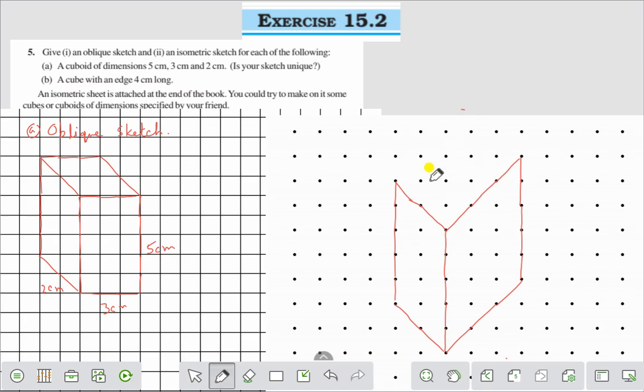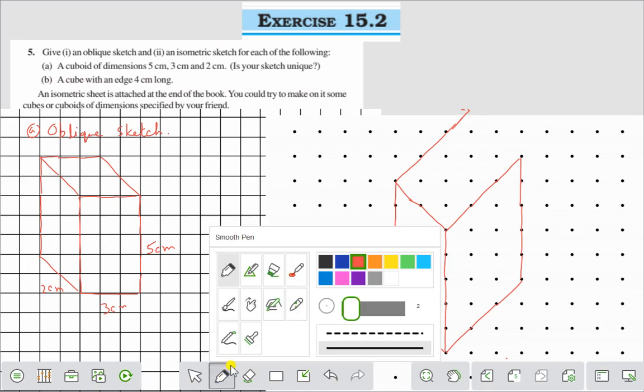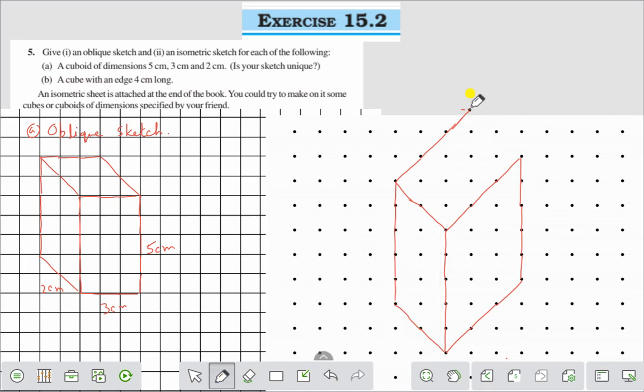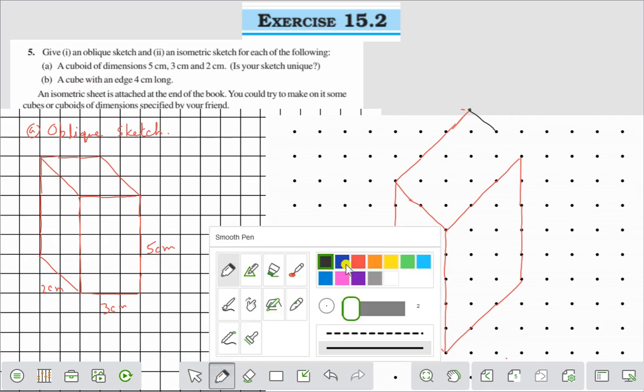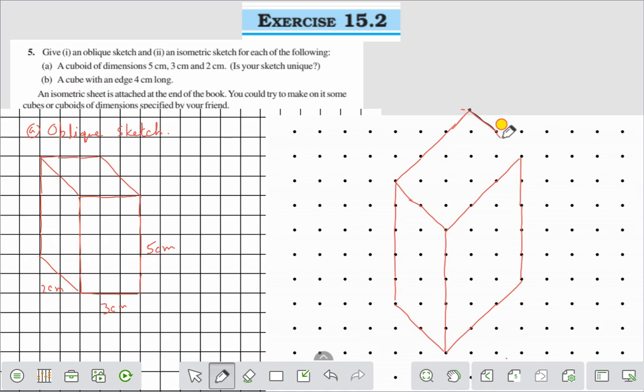This is 3, 1, 2, 3, 3 units. This is 1, 2. If we take another unit, 3, this point is there. Or you can take a point here. Then you take 2, 1. Let us take this is 1 and this is 2.